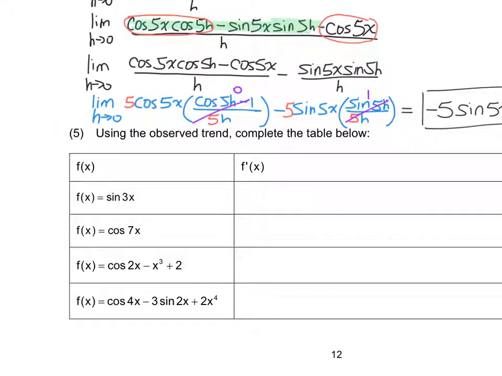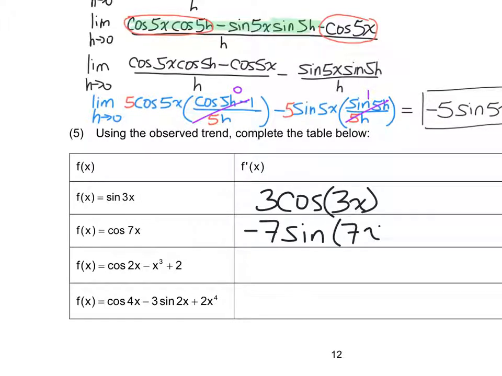So what's the first one going to be? 3 cosine 3x. What'd you say, negative 7? Yeah, sine 7x. Next one's mixed, but it's still not too bad. Now what does the negative x cubed become?